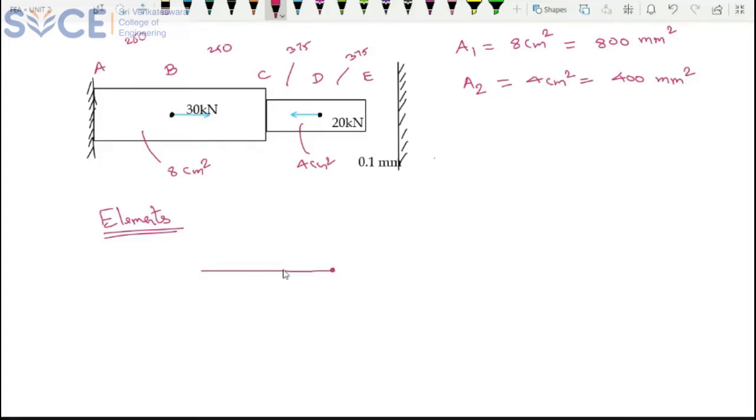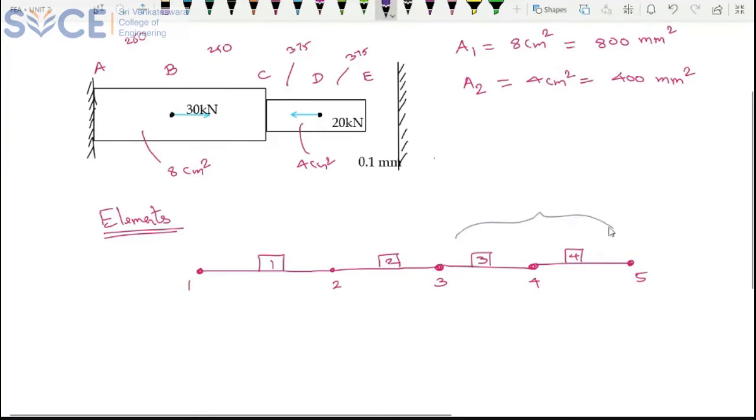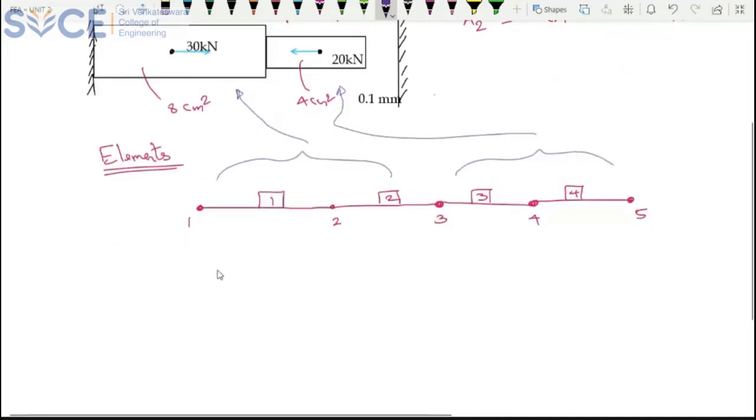Element number 1 links nodal points 1 and 2, then element 2, element 3, and element 4, linking 3, 4, and 5. So 2 elements are for this location and the other 2 are for this location of the bar. This is the splitting.